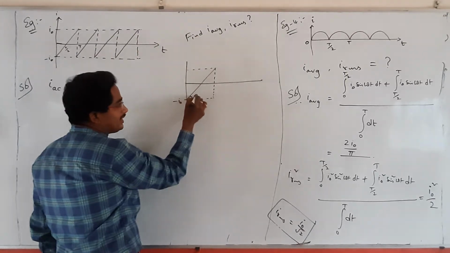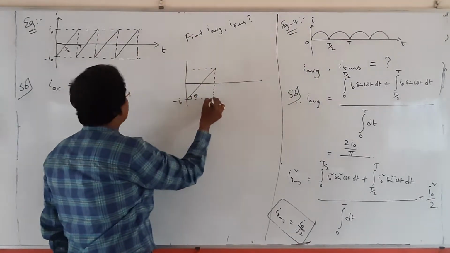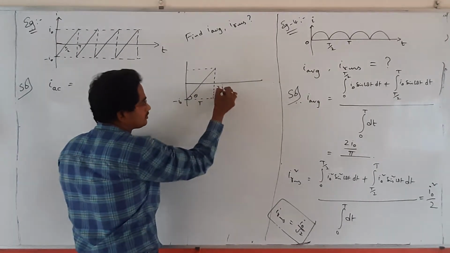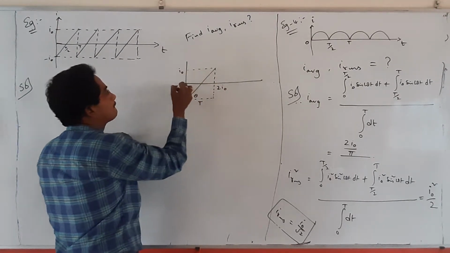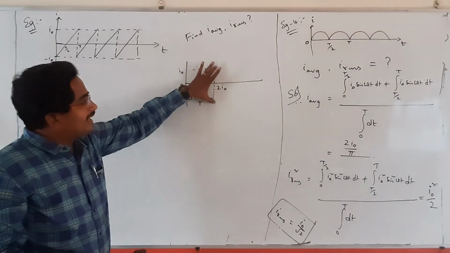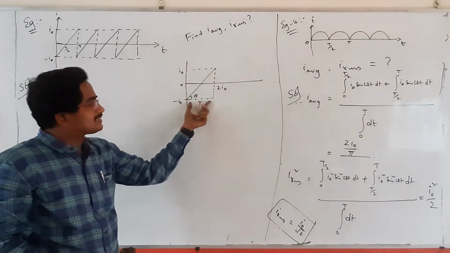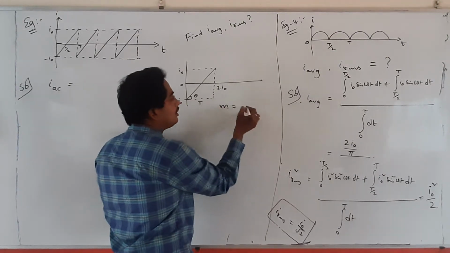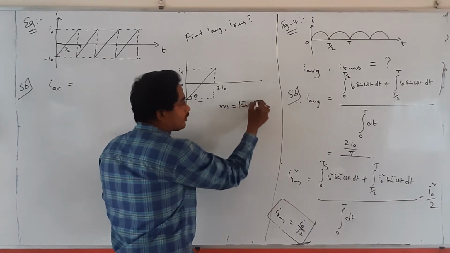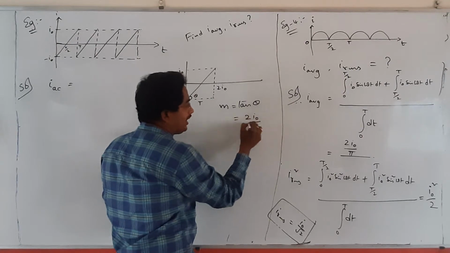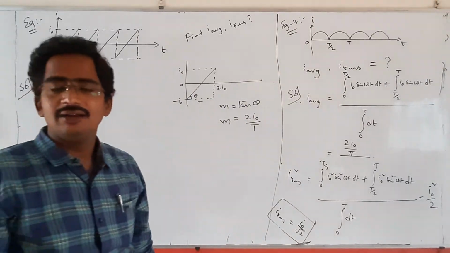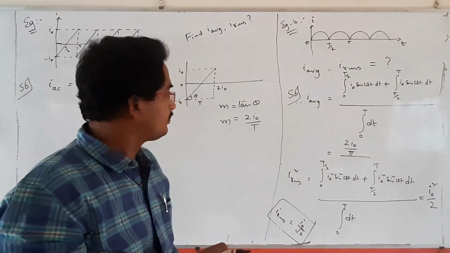Slope value here: the opposite side is 2 I naught and the adjacent side is T. So tan theta equals 2 I naught by T. Slope value here is 2 I naught by T.